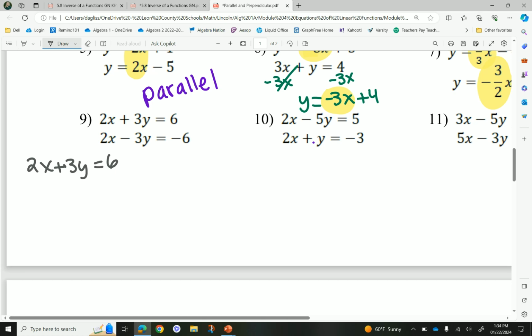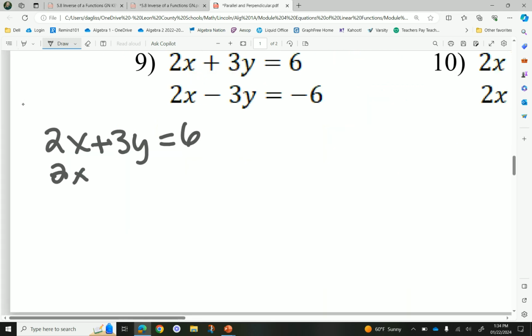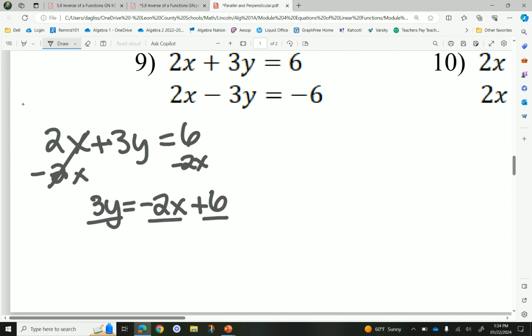So how am I going to get y on its own? I got to move the x over first. Okay, so we're going to subtract 2x. I get 3y equals negative 2x plus 6. And then I'm going to have to divide each piece by 3.